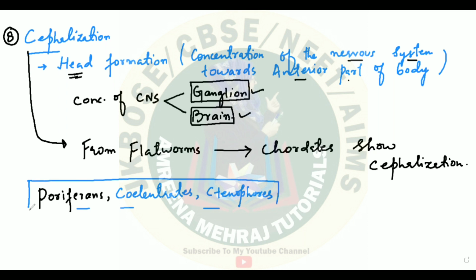In them, you will not see a proper head formation. So cephalization starts from flatworms and then advances as we move towards the chordates.